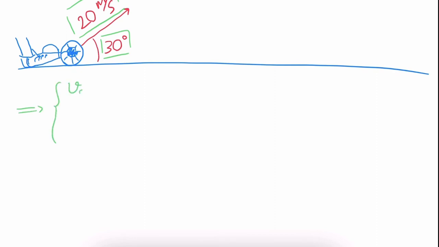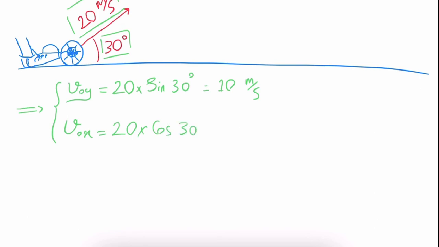We have the initial speed in the y direction equals 20 times the sine of 30 degrees, which will equal 10 meters per second. And then the initial speed in the x direction equals 20 times the cosine of 30 degrees, which equals 20 times the square root of 3 over 2, which will be 10 times the square root of 3 meters per second.